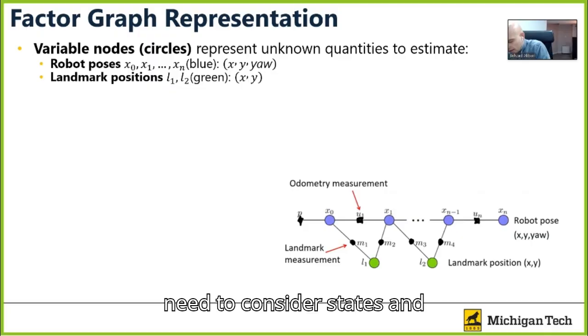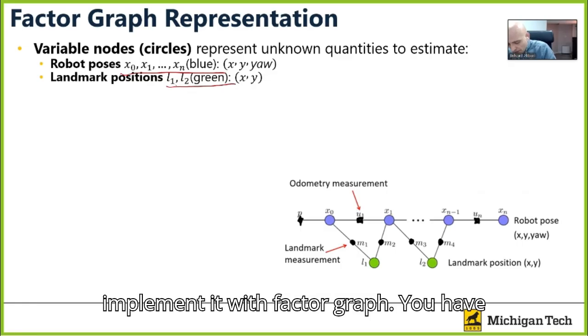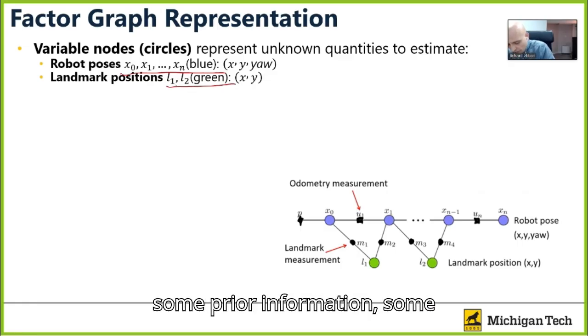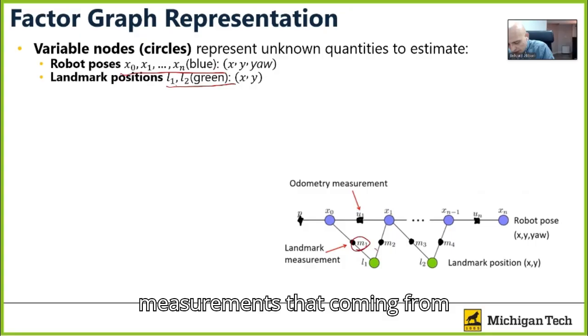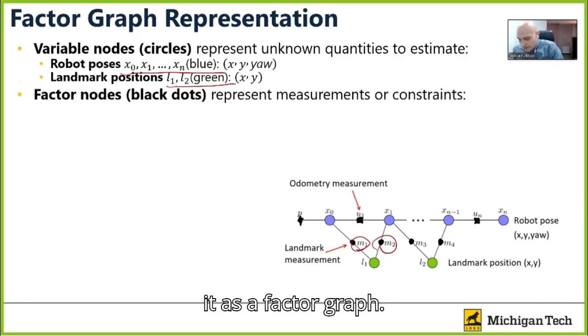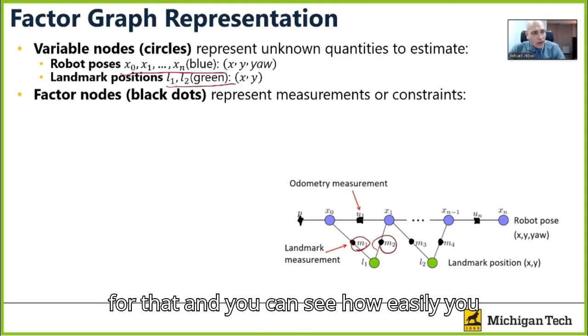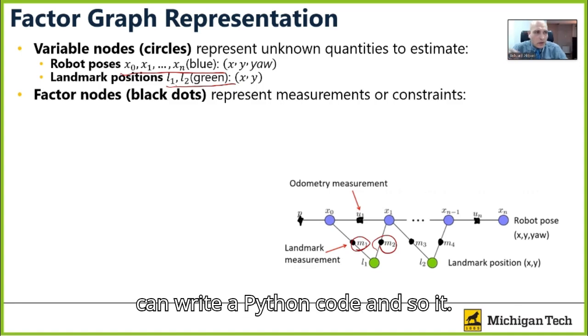You need to consider states and landmarkings and implement it with factor graph. You have some prior information, some measurements coming from distance to landmarkings, and define it as a factor graph. Next class, I'm going to write the code for that, and you can see how easily you can write Python code and solve it.